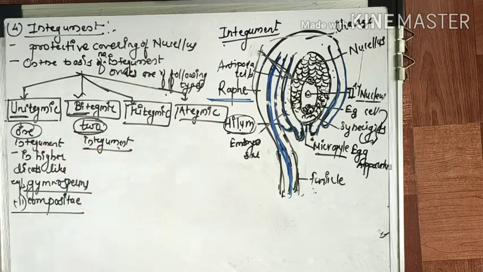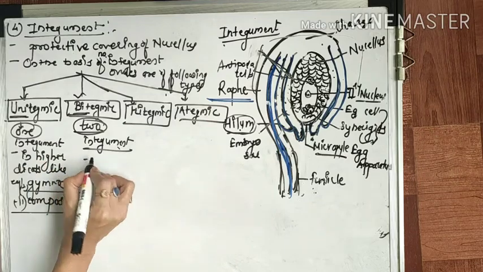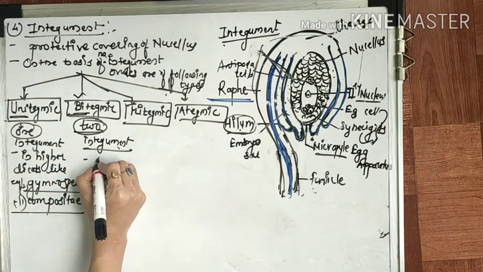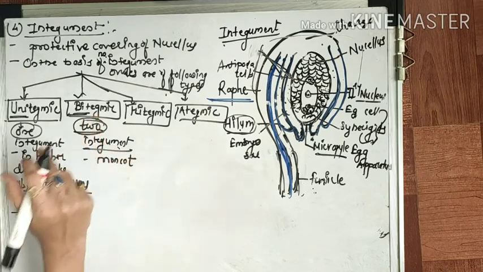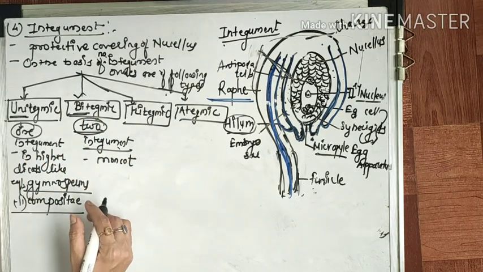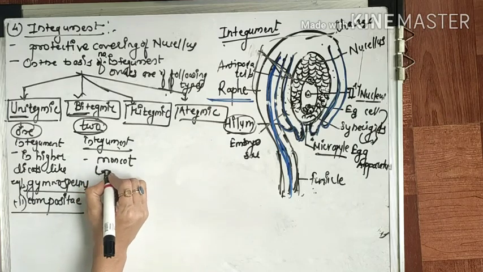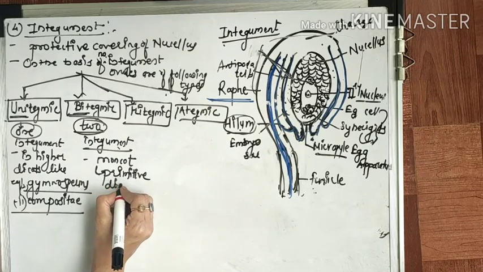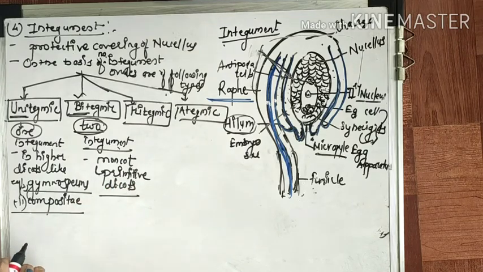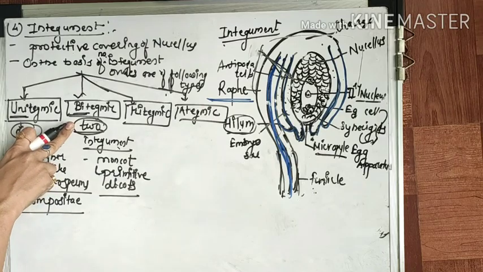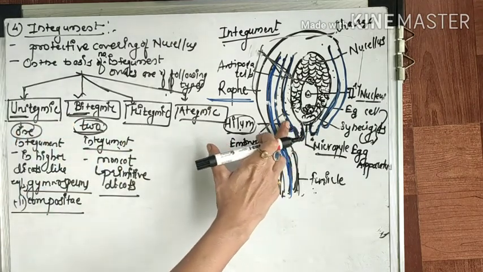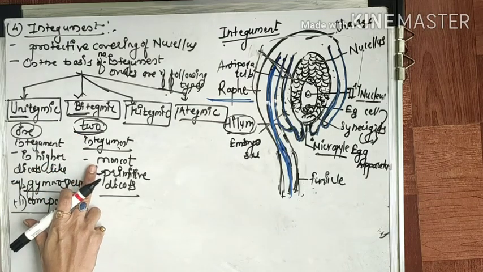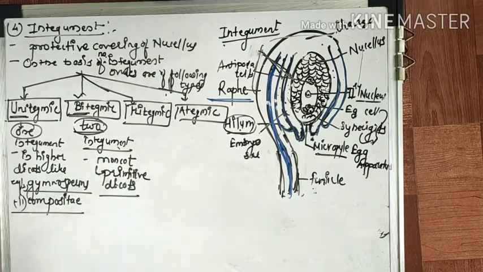That's called bitegmic, and it's generally seen in monocots and primitive dicots. Understood? Unitegmic is seen only in higher dicots and gymnosperms, but bitegmic, which has two integuments, is generally seen in monocots and primitive dicots.